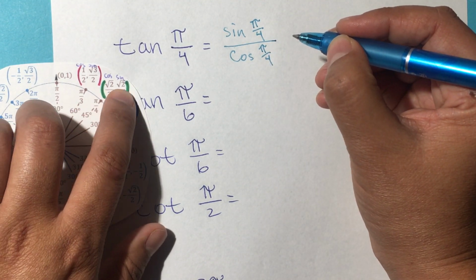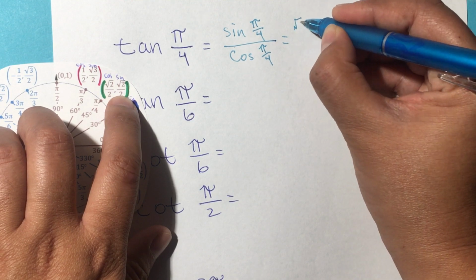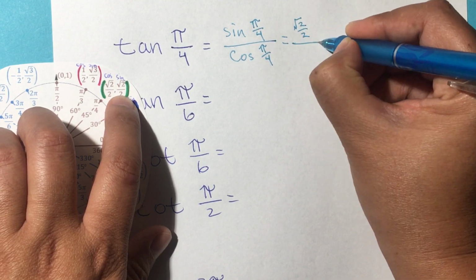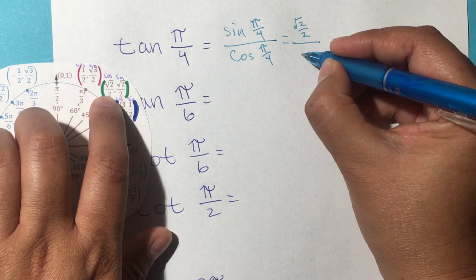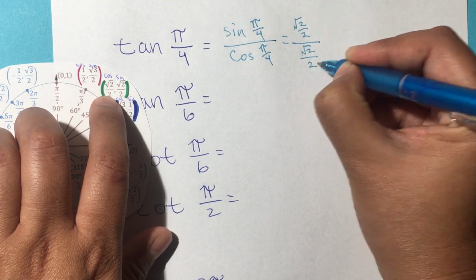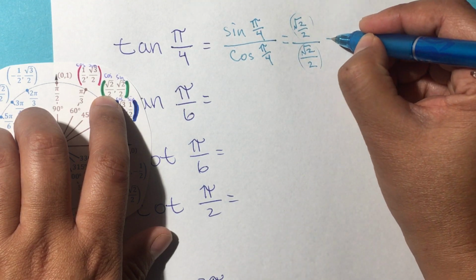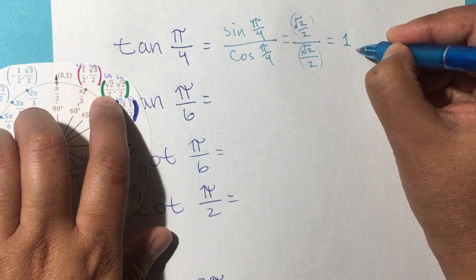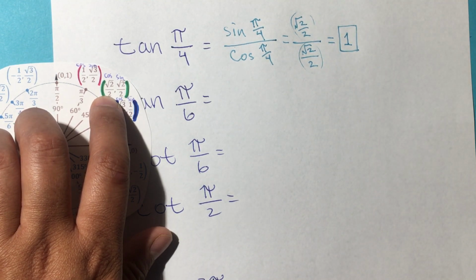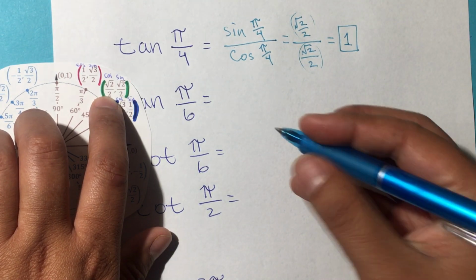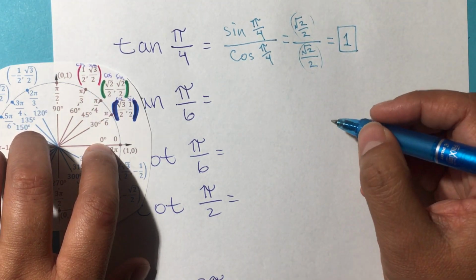And so pi over 4 is here. The sine is square root of 2 over 2 divided by the cosine, which is square root of 2 over 2. And whenever we divide the same thing over the same thing, that's always equal to 1. If you have to do the outer values and inner values, that's the other step, and that's okay. An extra step in the middle, okay?